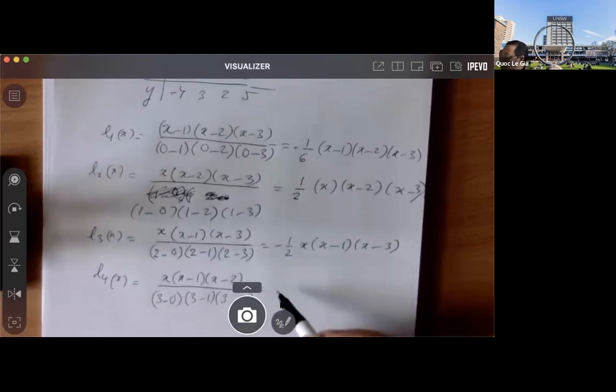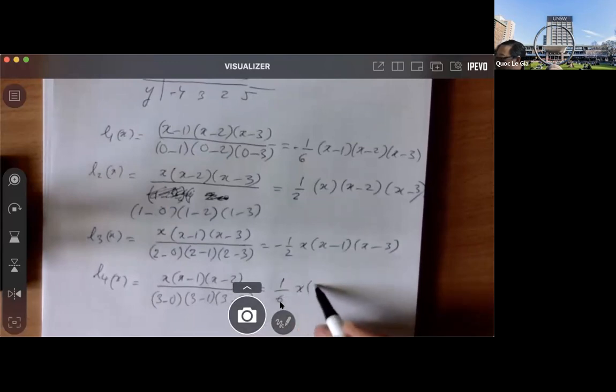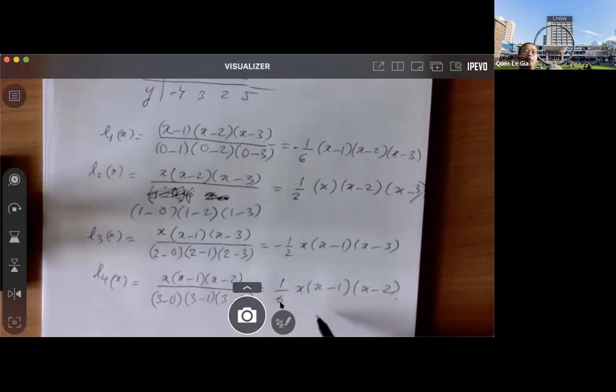Okay, and so you can simplify this to 1 over 6, and then x minus 1, x minus 2. So that is how you define the Lagrangian basis for this problem.